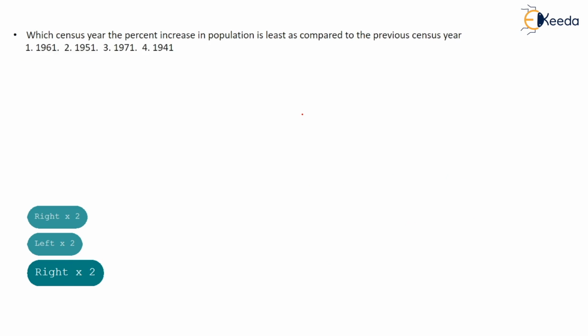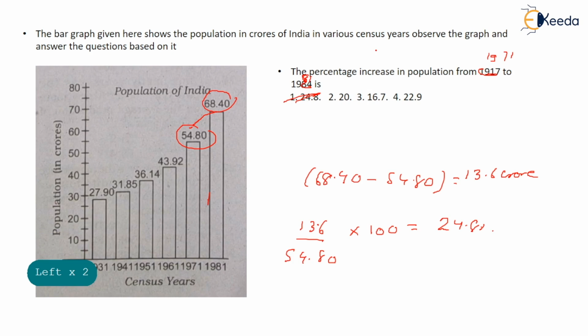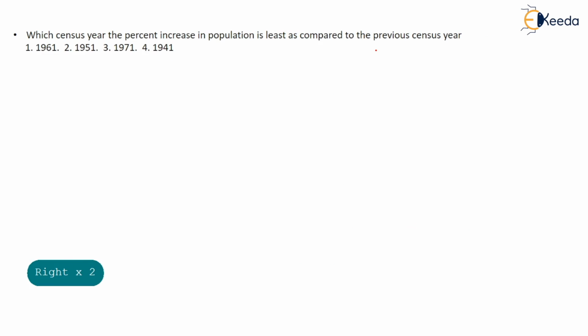So 1981 is your answer. It is clearly visible, 1981, 68.4. In the others you can see there is a very small change, whereas in this year there is a huge change as compared to the previous population.